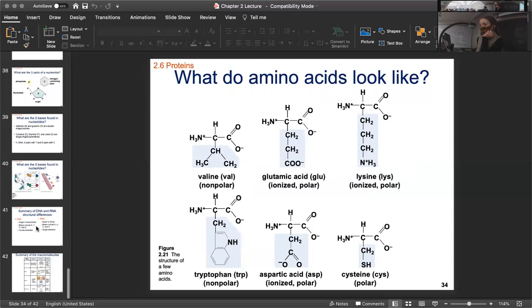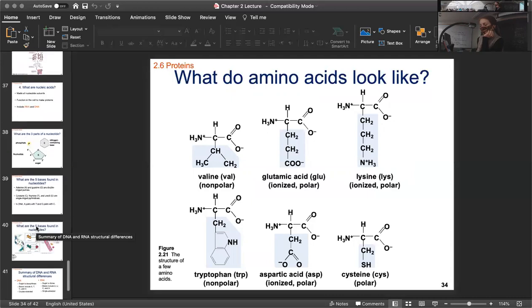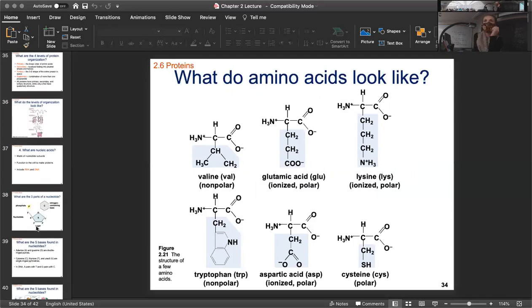What we are really interested in, and I don't think we have a picture of it on this PowerPoint, but we do it in a different lesson in this class, is that when we have a different combination of amino acids, we make a different protein. If I've got all of these amino acids in a line, or if I had 6 lysines in a line, those are going to make different proteins.